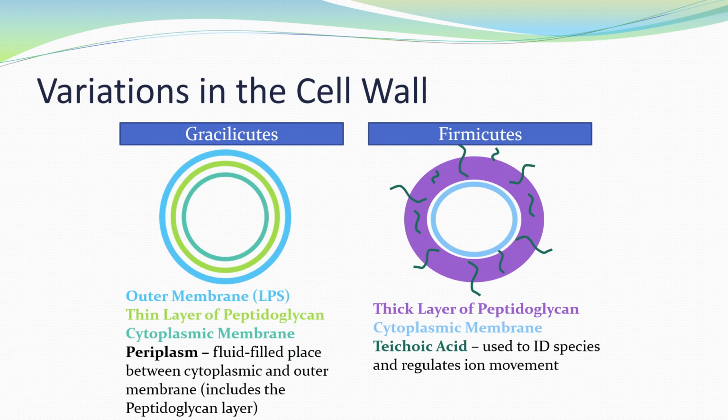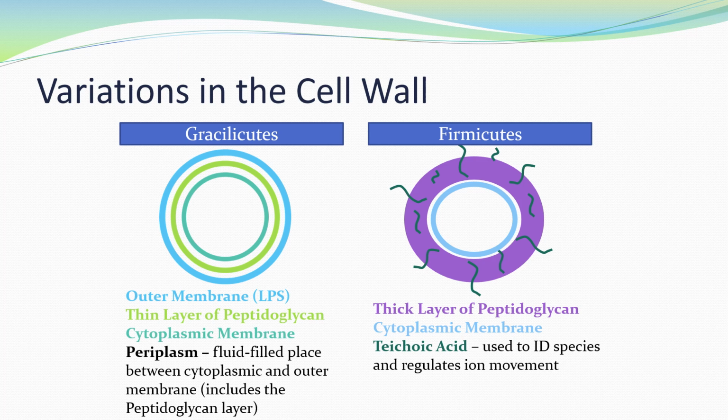So let's get some images up on the screen to help pull this together from before. These images should look very similar to the images that I showed you when we talked about gram-positive and gram-negative, as well as looking at the layers of the cell wall of prokaryotes. This is in relation to Bergey's Manual of Systematic Bacteriology and how it relates to those terms that we were just talking about.